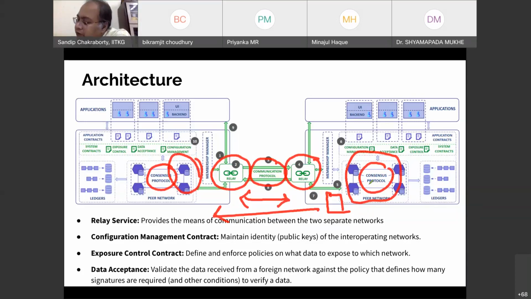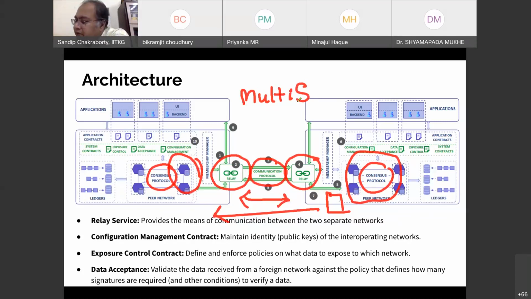Now, to sign the message collectively by multiple authorities and validate the signature again by multiple authorities, you can use techniques called multi-signatures. There are different kinds of multi-signatures available.